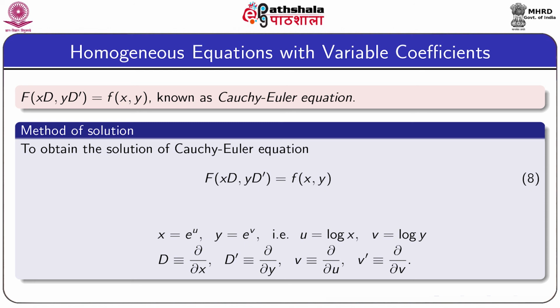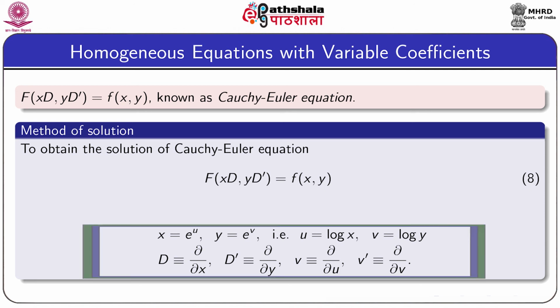Though the Cauchy-Euler equation is a differential equation with coefficients that are not constant, this equation can be transformed into an equation with constant coefficients with some transformation in the independent variables x and y, and the transformation is this: x equals e to the power u and y is equal to e to the power v.